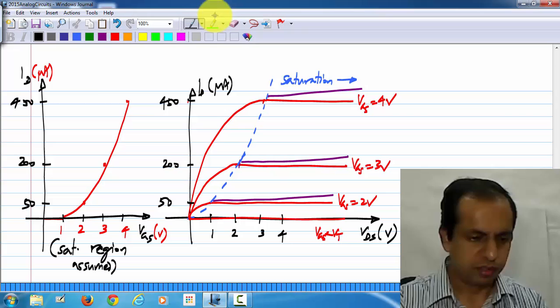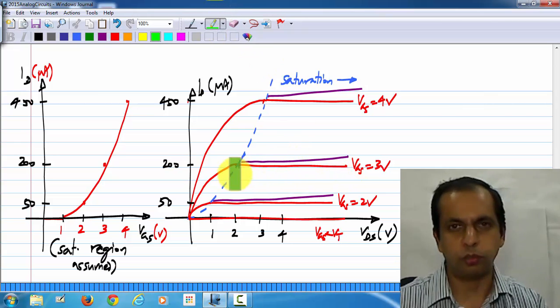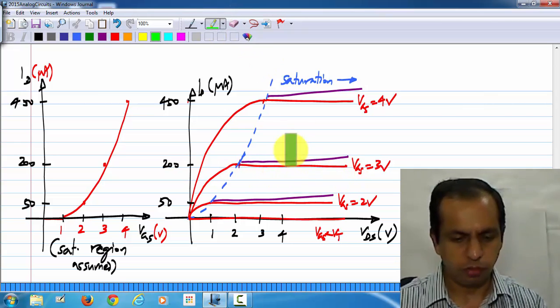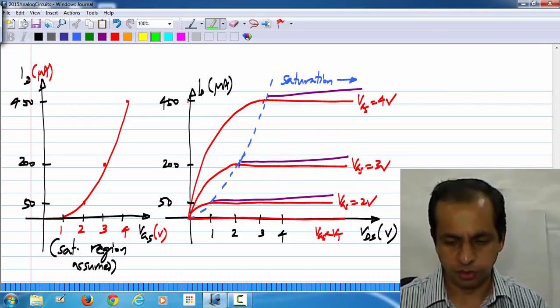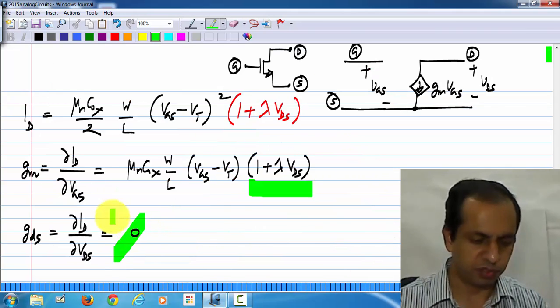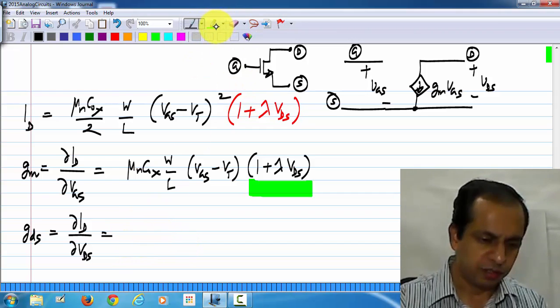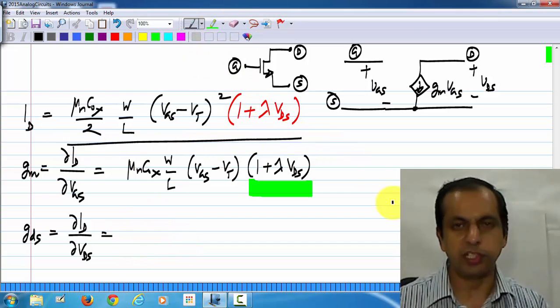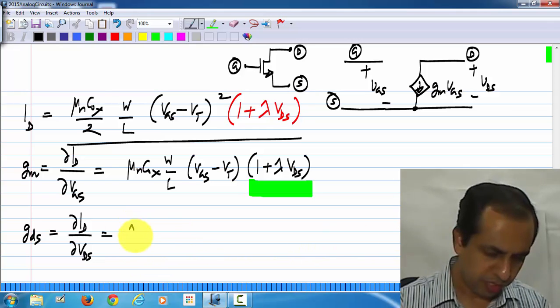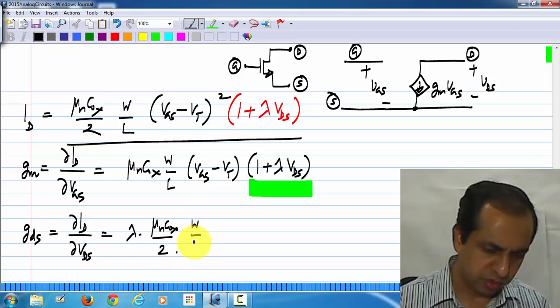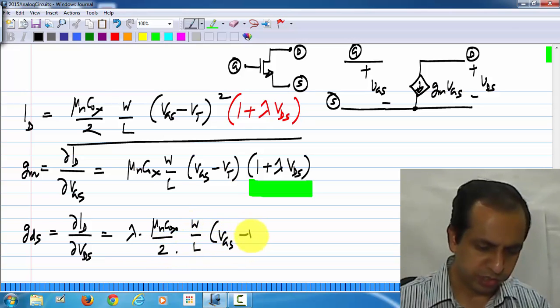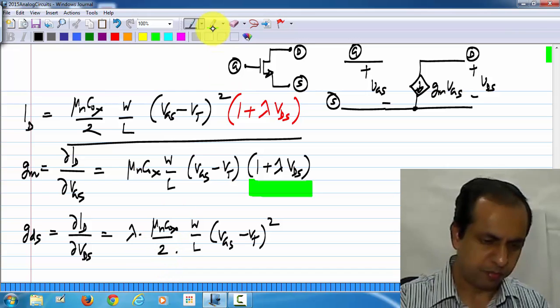That is, the slope of the red curve here is 0, but we now know that it is really the purple curve. So, the slope is not 0. If we calculate that from this expression, you will easily see that it is equal to lambda times mu n Cox by 2 W by L (VGS minus VT) squared.